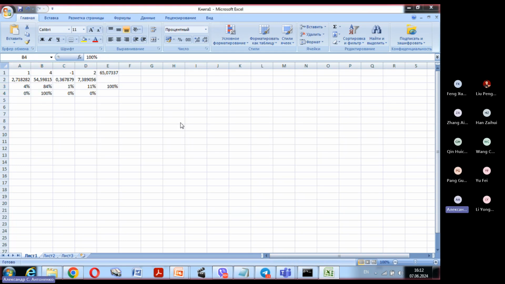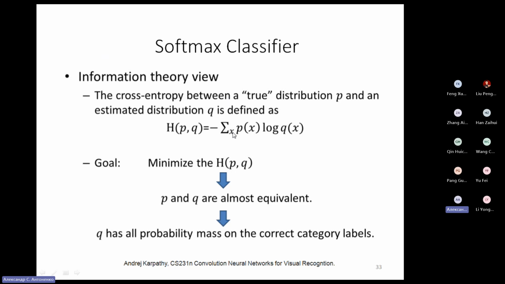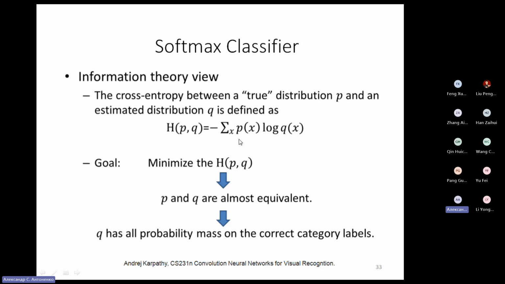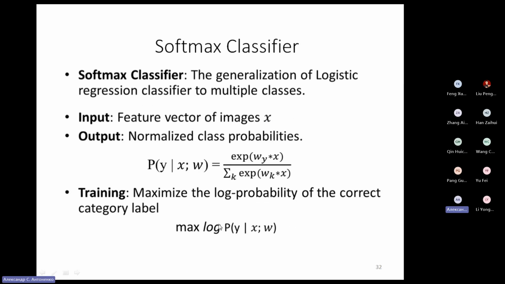But how to find how it differs? We need to find it using this formula. And using this formula, we will obtain minus. Here we obtain 1 for one class and 0 for any other class. And then logarithm. So it's the same as here. So it's the reason for this formula.